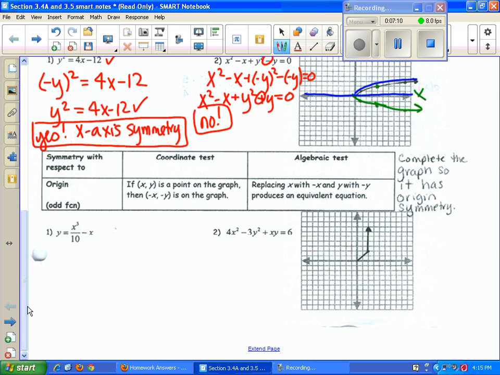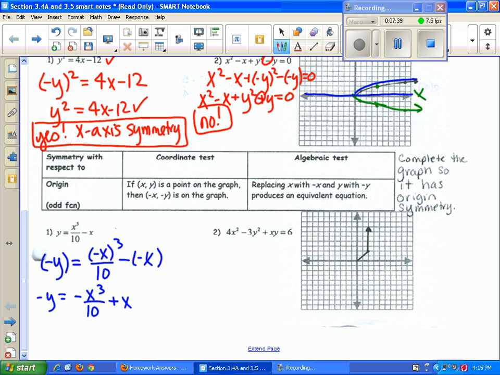So for number 1, I am going to plug in negative for x and y. Now I'm going to simplify, so this would just be negative y equals negative x to the third power, which would be negative x cubed over 10, and a negative here would become positive x.